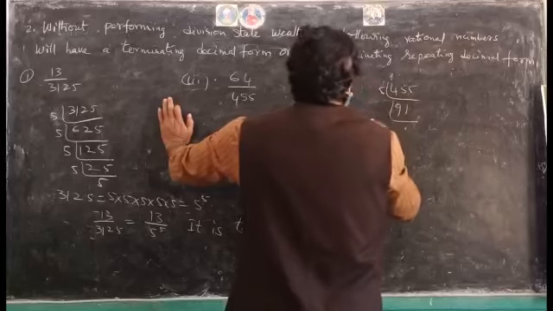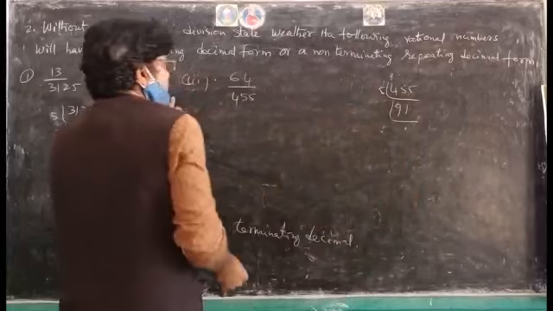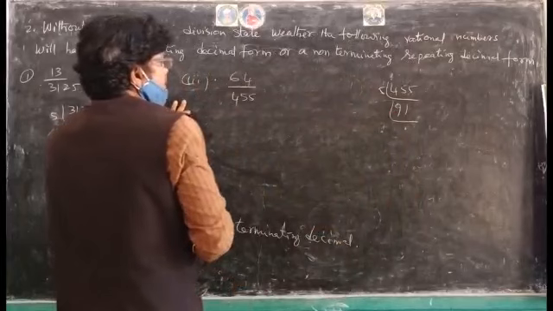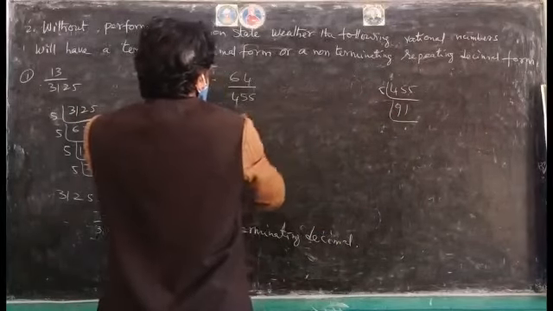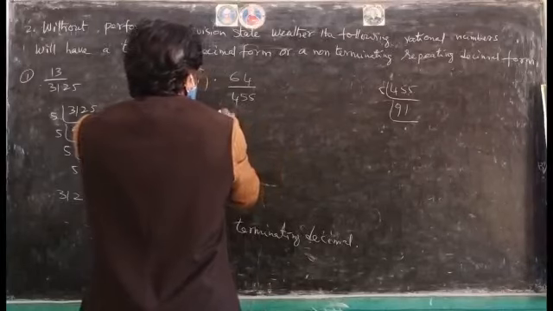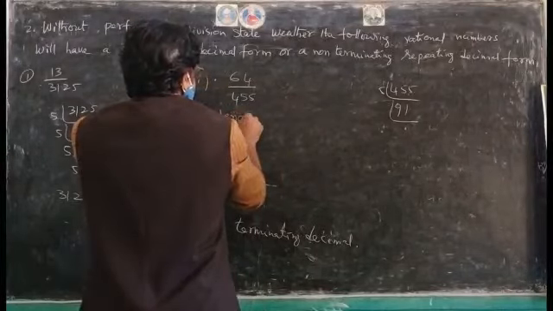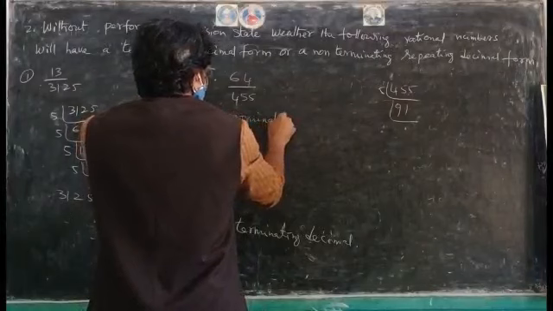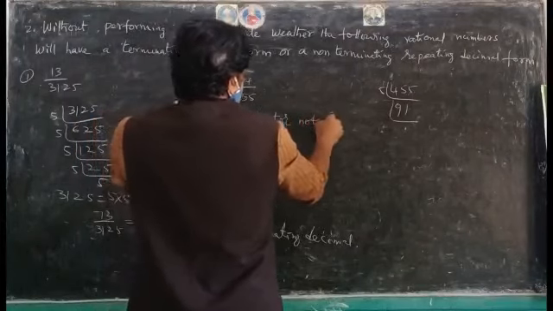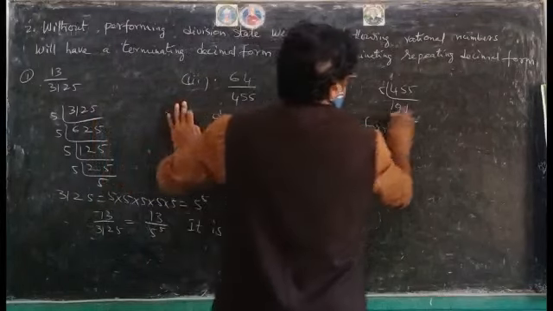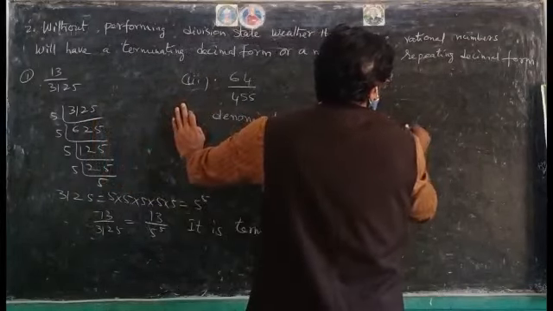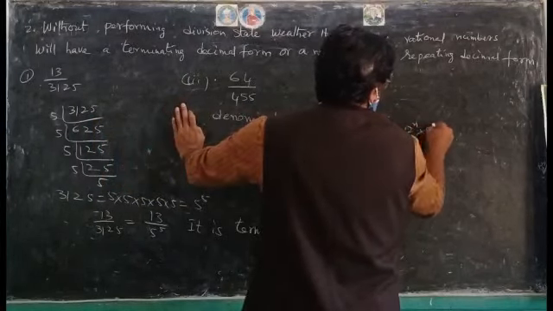Next, we cannot write it as 5 power m or 2 power n. The denominator is not in the form 2 power n into 5 power m.